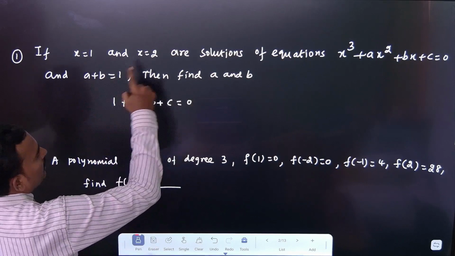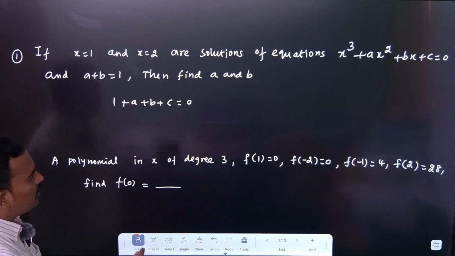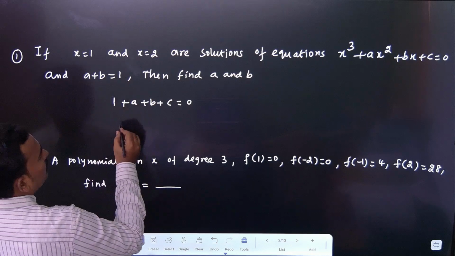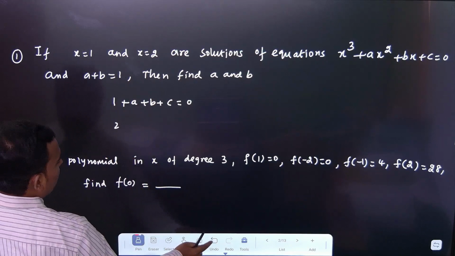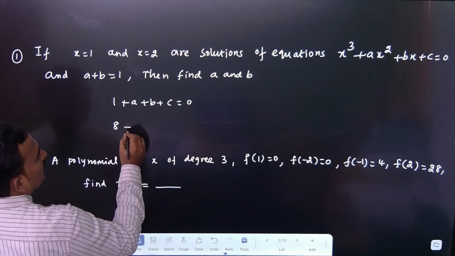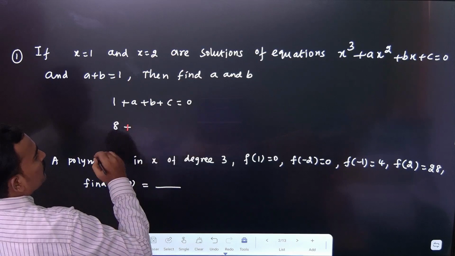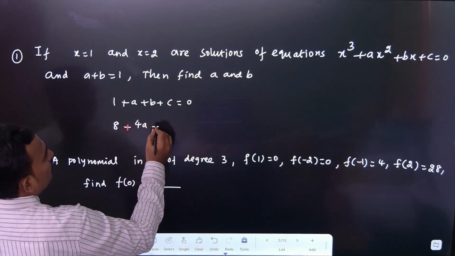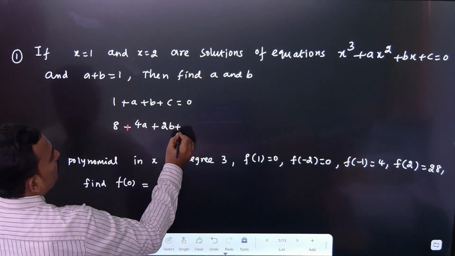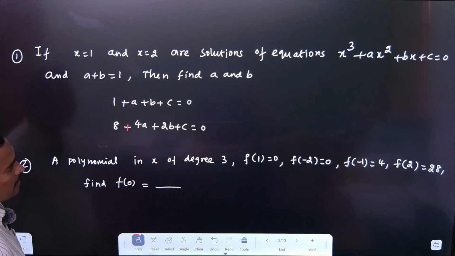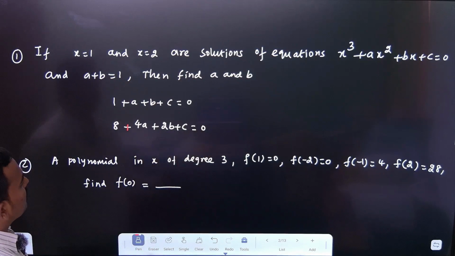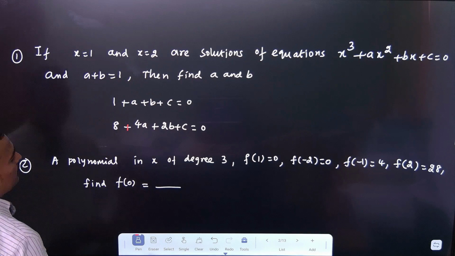And second one, 2 you can substitute. 2 cube is 8, I will directly do it. 8 plus 2 square is 4, 4 times a plus 2b plus c is equal to 0. Clear?